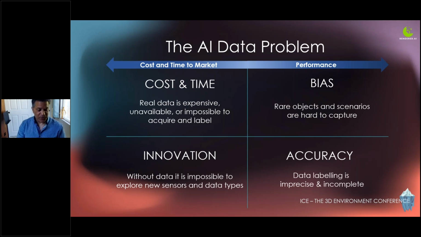In some cases as well, such as when you're putting up a new satellite and you want to start figuring out how you're going to process the data from the satellite, you can't actually get data from it till it's up in the sky. And so you can't innovate until that data starts streaming down from the satellite. So in that case, AI implementation can be obstructed because of cost and delays in time to market.